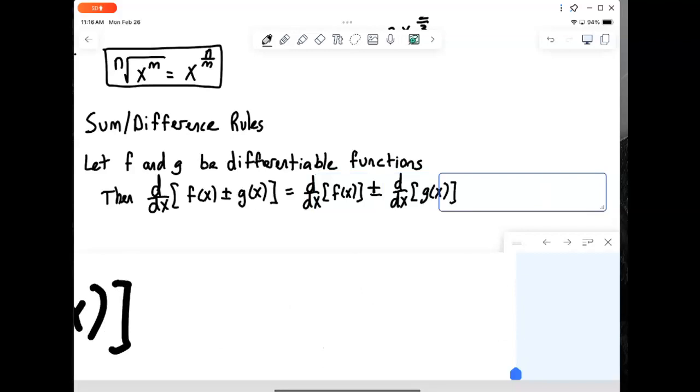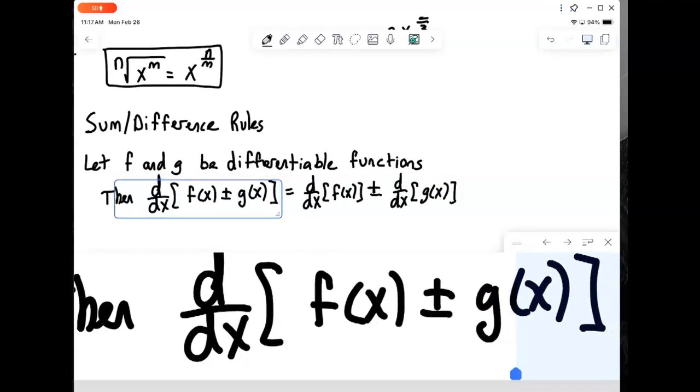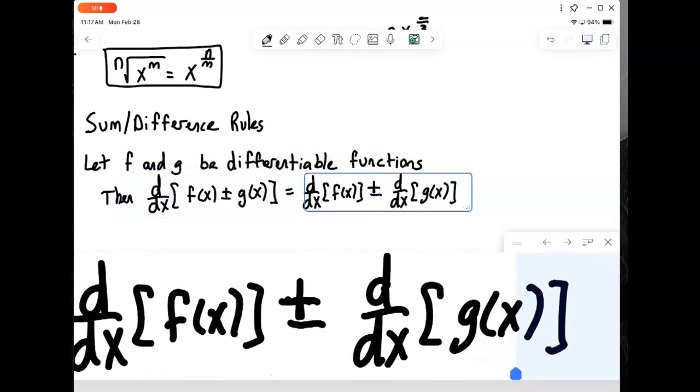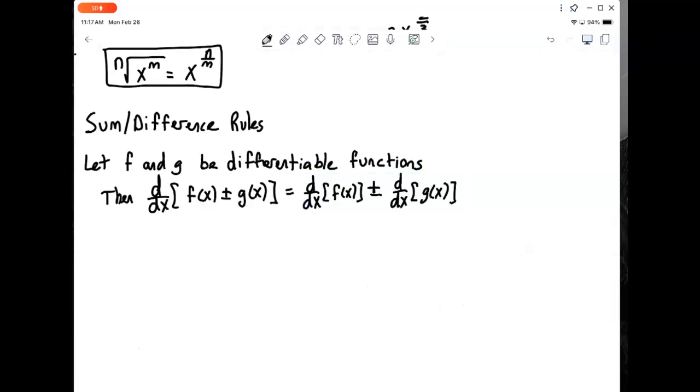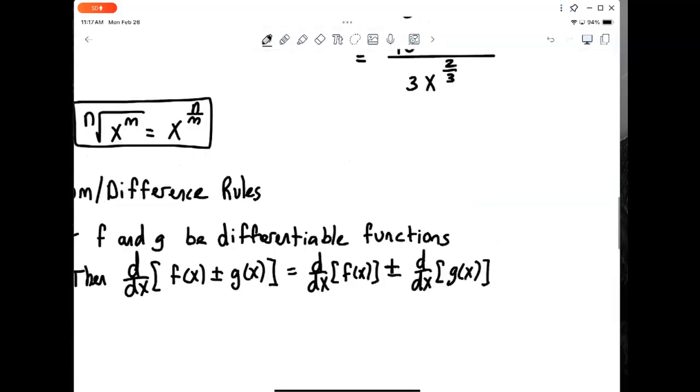In other words, the derivative process distributes across addition and subtraction.